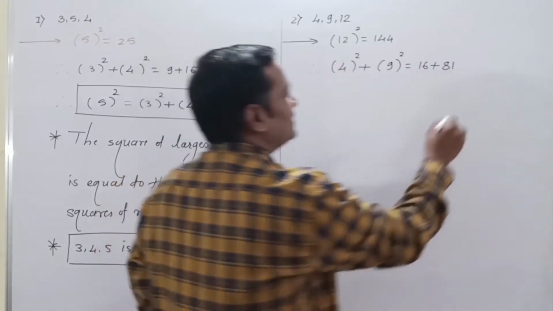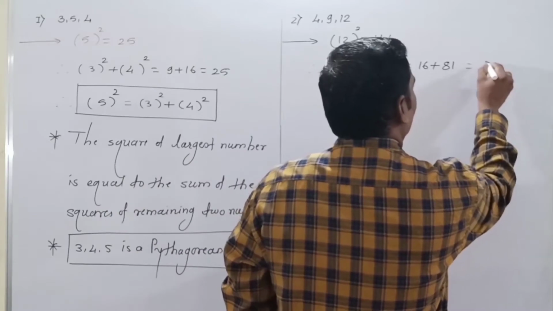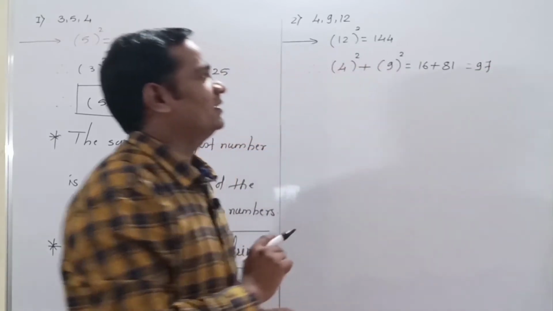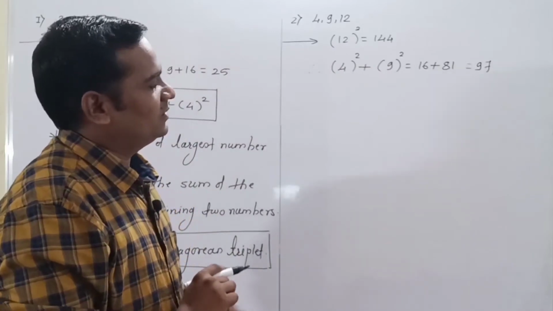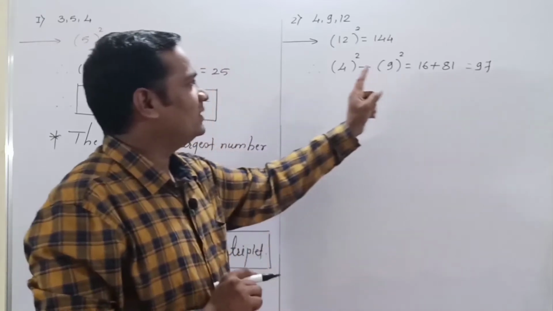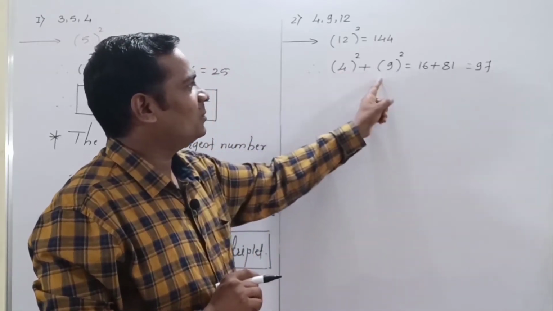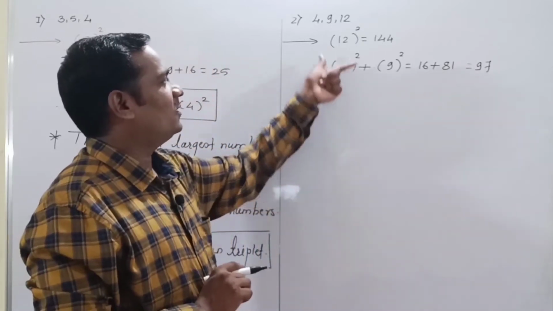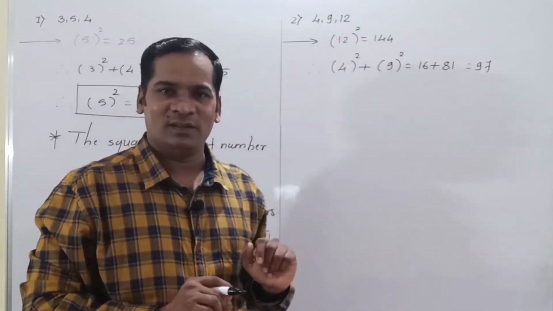So that answer will be 97. Look at this, this one is 97. That means the sum of the squares of the remaining two numbers is 97, and the square of the largest number is 144.